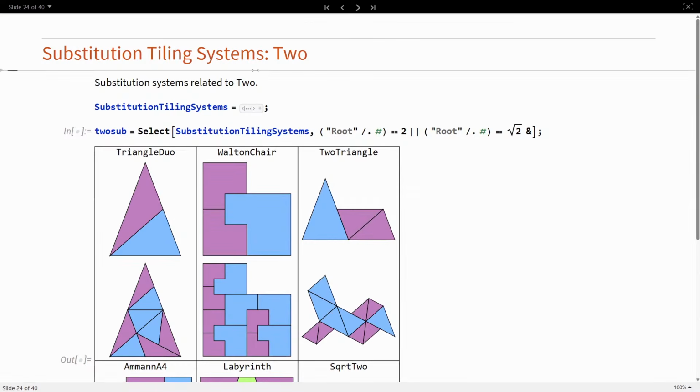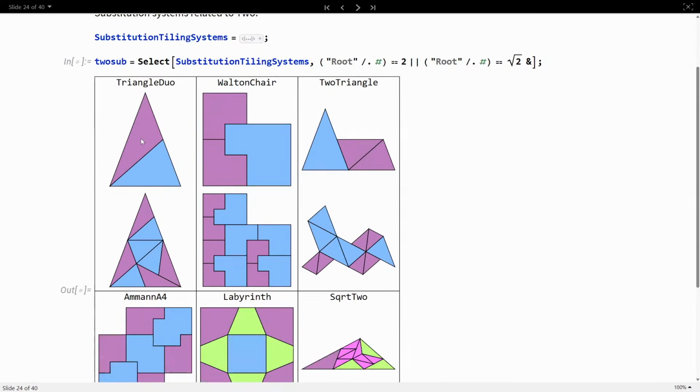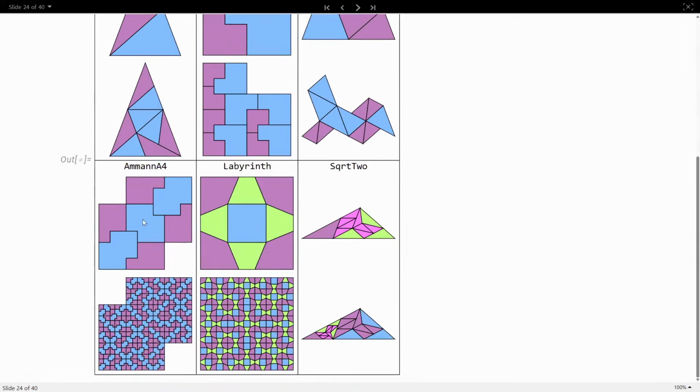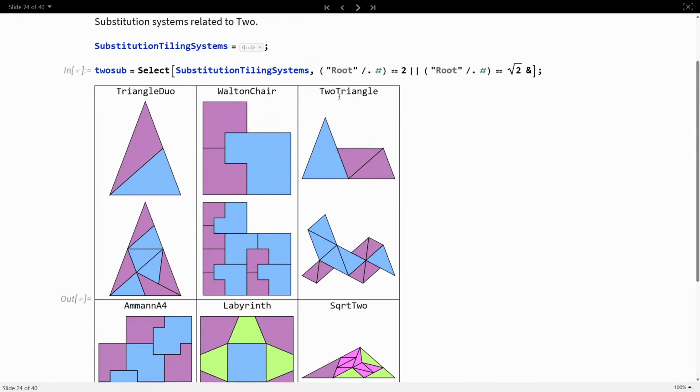So here's a few more substitution tiling systems dealing with 2. We can take a look at duos where you've got more than one shape. So for example, these 2 here, most of these have more than 2 shapes involved, except for the 2 triangle. This is a fractal tiling system, which I'll cover a bit later.